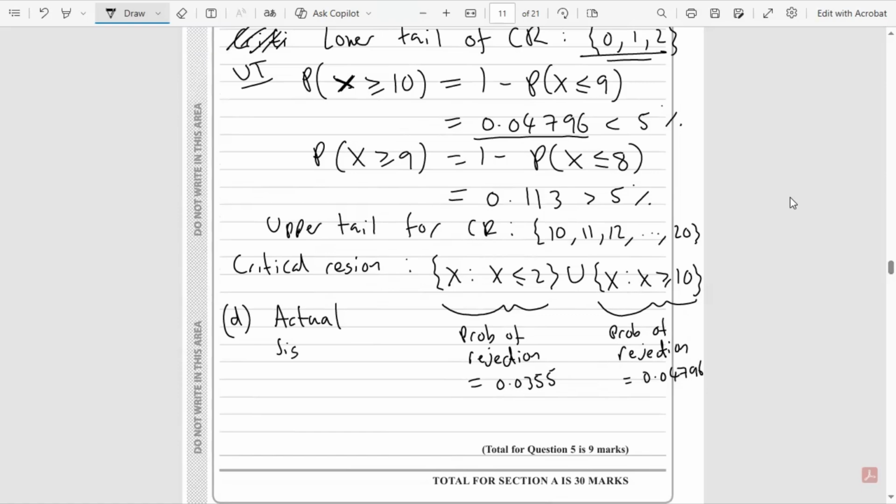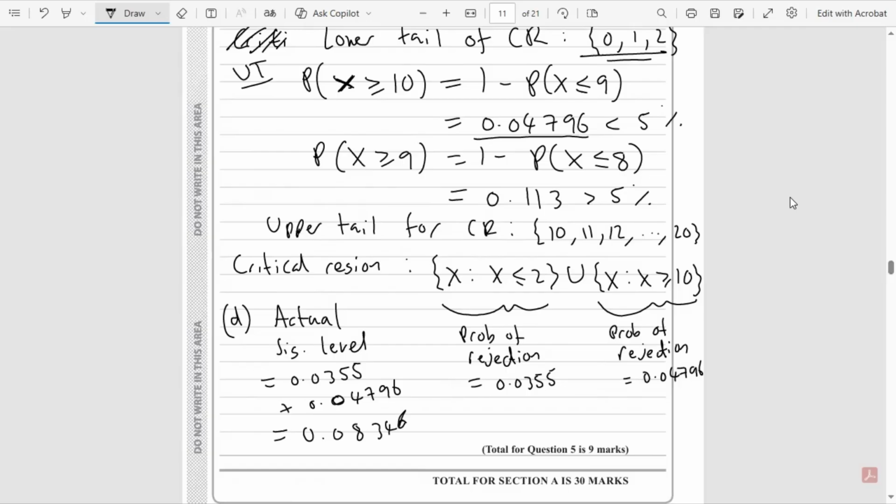So actual sig level is 0.0355 plus 0.04796. So this gives us 0.08346.